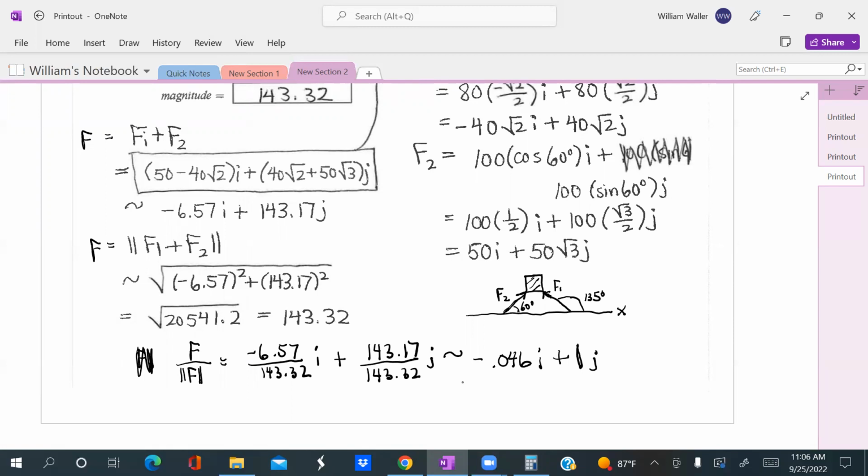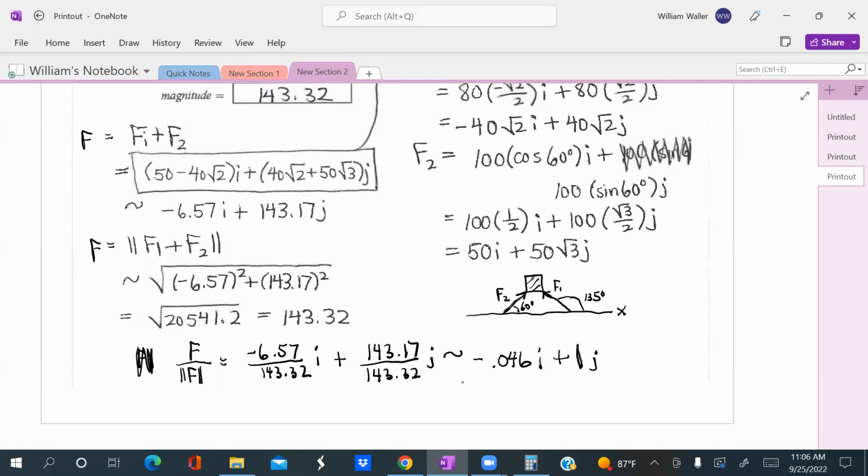So there's not the resultant force vector, but the unitized version of the resultant force vector. Now, to find the direction, since you've got this resultant force now in unit form, normalized, you can find its direction by following.